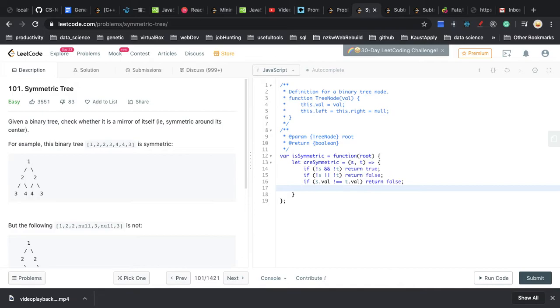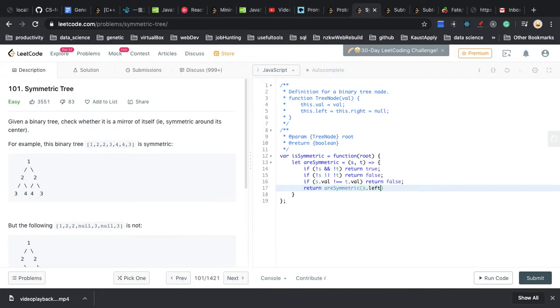Up to this point it's exactly the same as how we determine whether both trees are the same, but here is what's different. We return rSymmetric because we need to find out if they are symmetric, not the same. When we call the function itself, we have to reverse the left node and the right node. Let me show you.